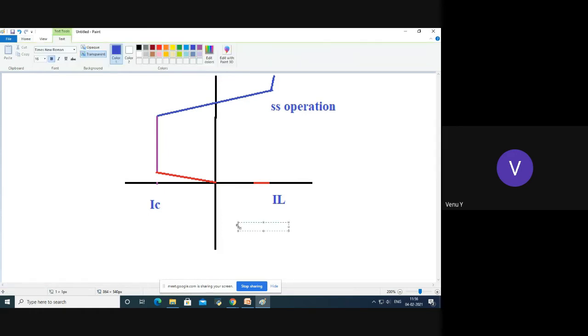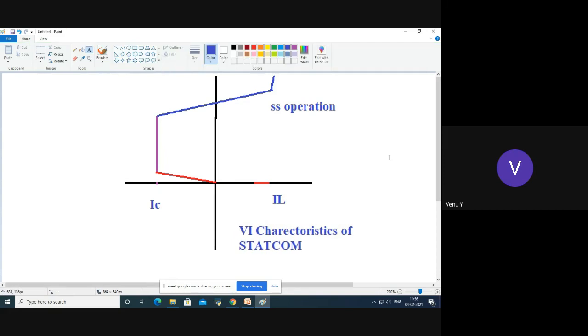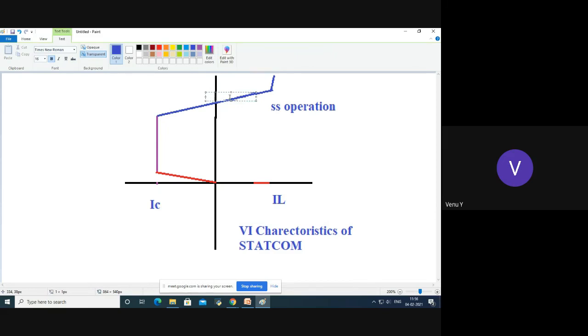These are the VI characteristics of STATCOM. This is per unit voltage, crossing point 1 pu.